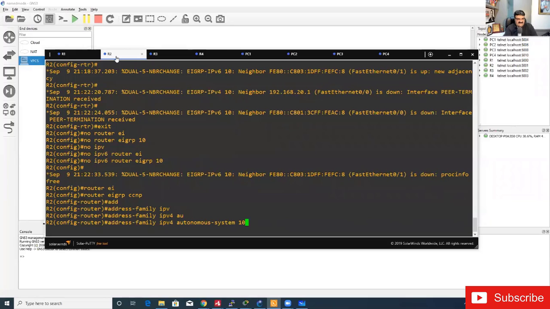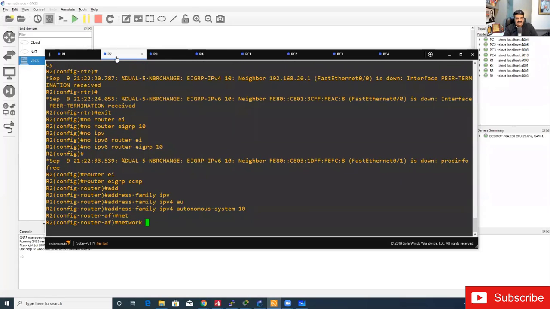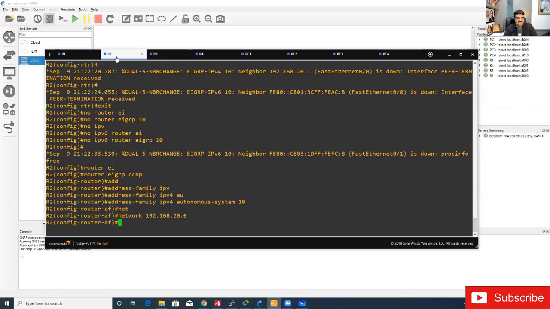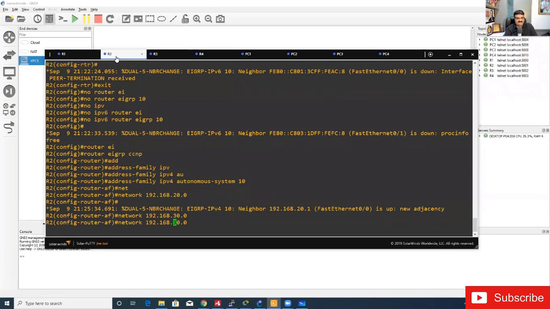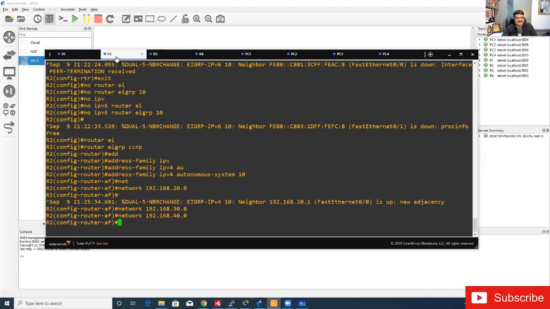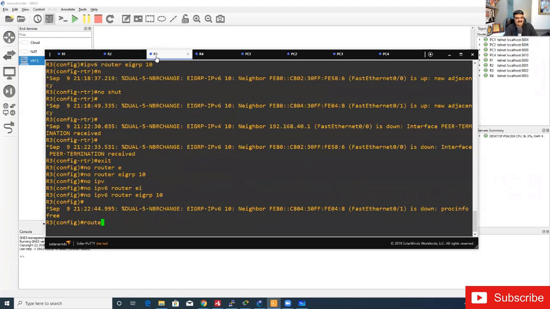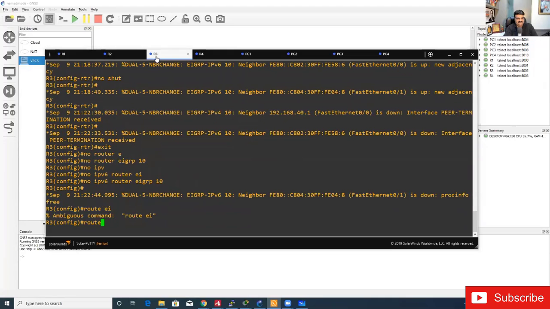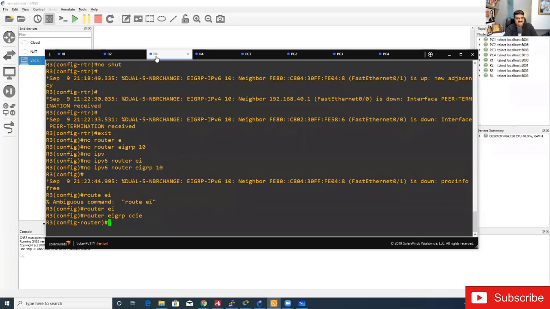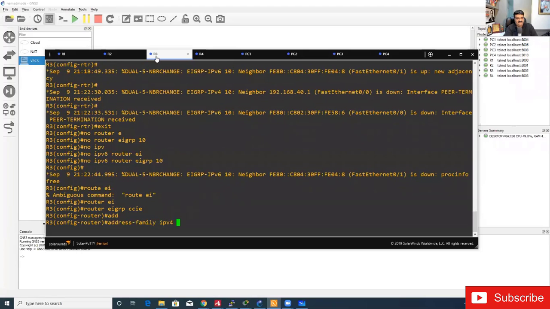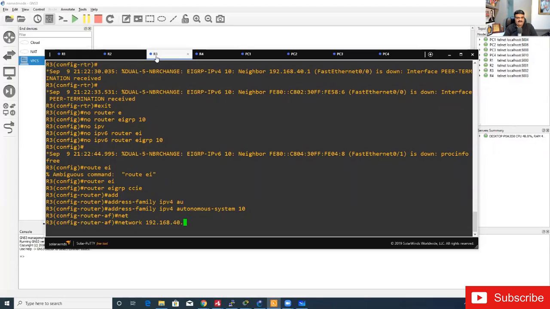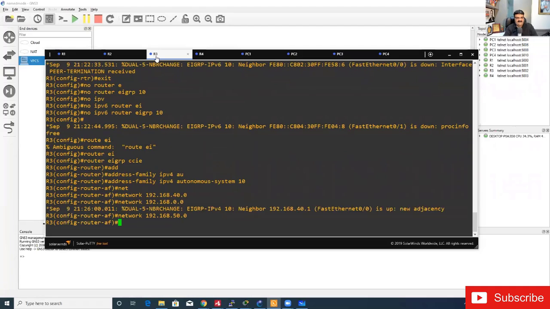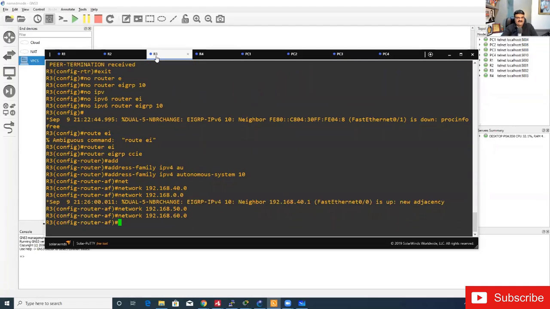Because in EIGRP the AS number must be the same. Okay, going to add 192.168.20.0, got my neighbor relationship, and then 30 and 40. Okay, now going quickly, router EIGRP, address family IPv4, autonomous system number 10, network 192.168.40.0, 50.0 and 60.0, right?